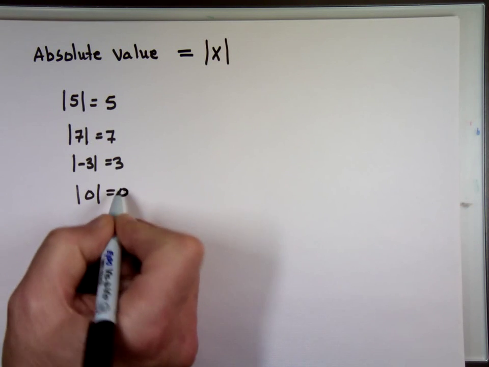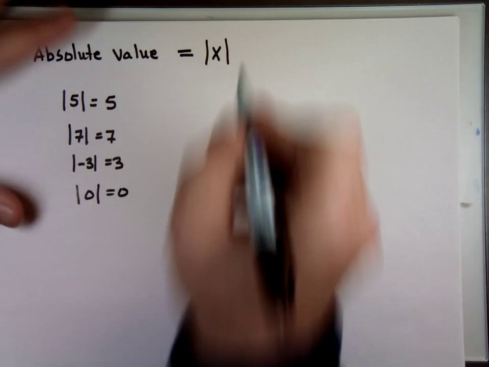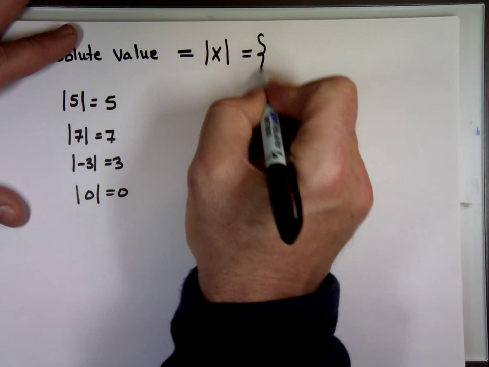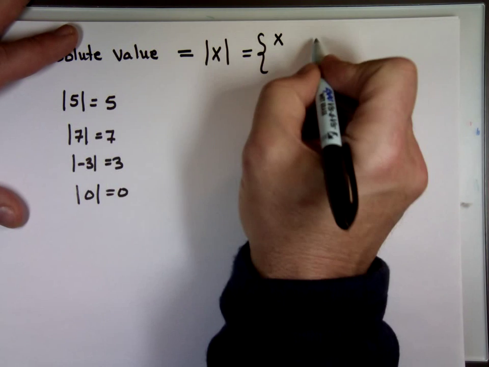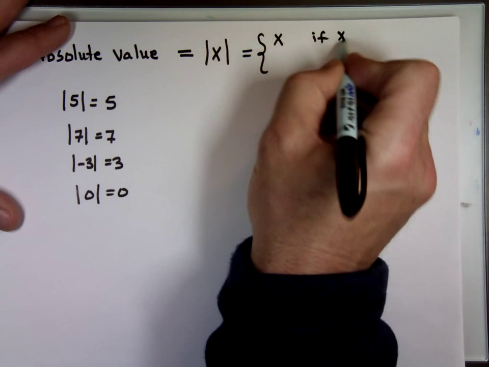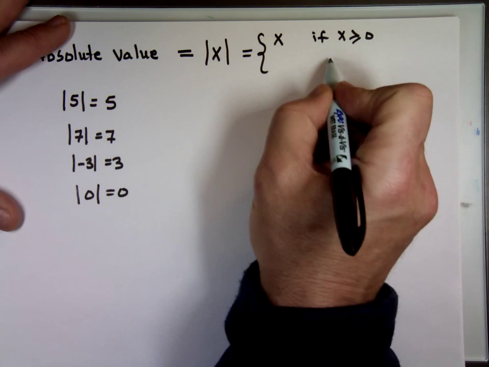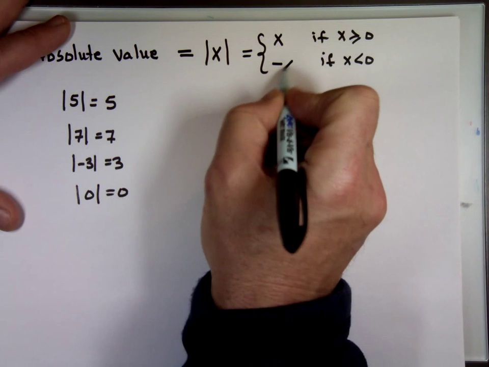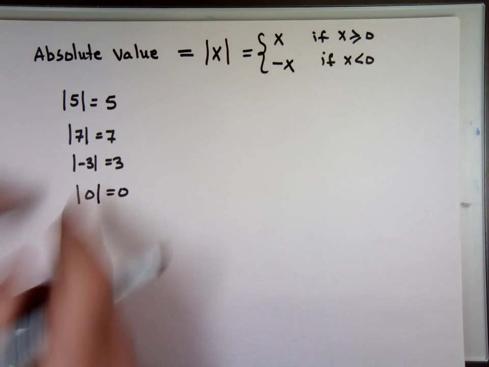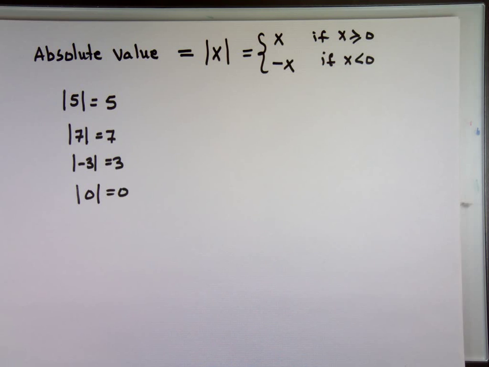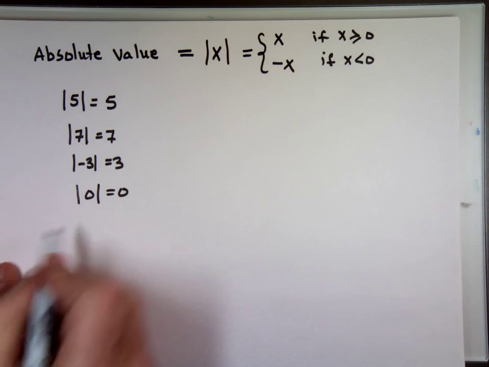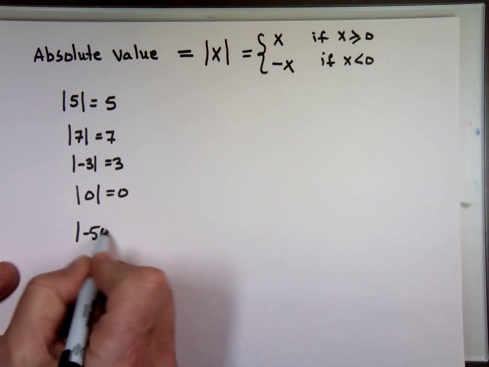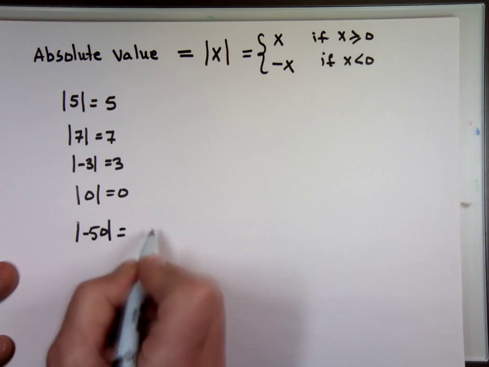So the definition of absolute value says when the number is positive, you leave it alone. But if the number is negative, you take the opposite to that. So the absolute value of negative 3 is the opposite to negative 3, which is 3. The absolute value of negative 50, what is the opposite to negative 50? 50.